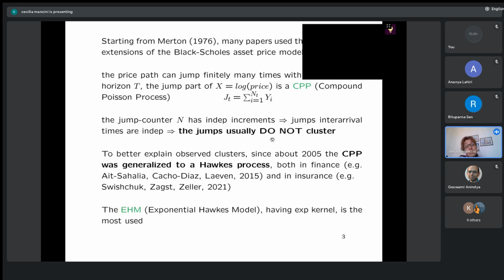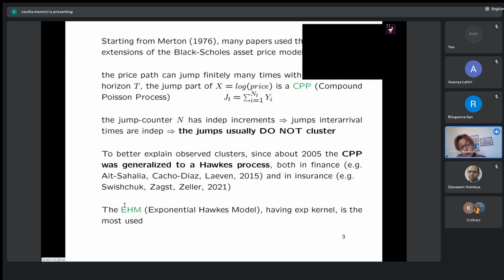To better explain observed clusters in practice, since about 2005, the compound Poisson process was replaced using a more general Hawkes process, both for models in finance and for models in insurance.